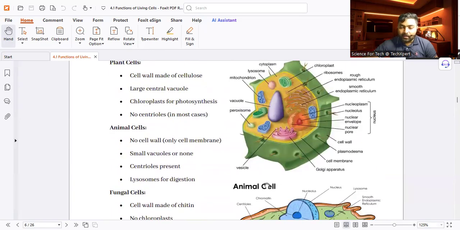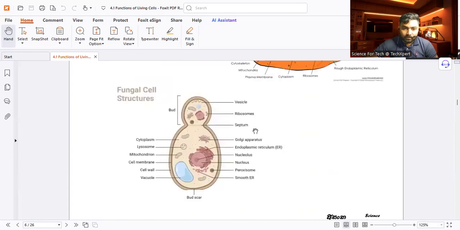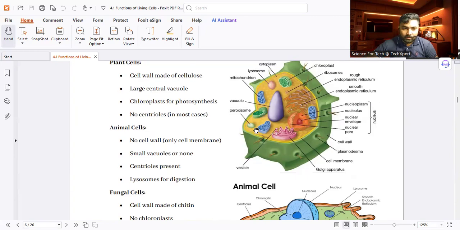And any living cell has a plasma membrane. The plasma membrane is just like an outer cover which we can see in between cytoplasm and cell wall, just like a wrapping paper. These are the common things.